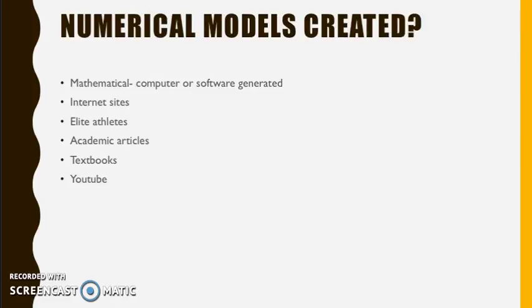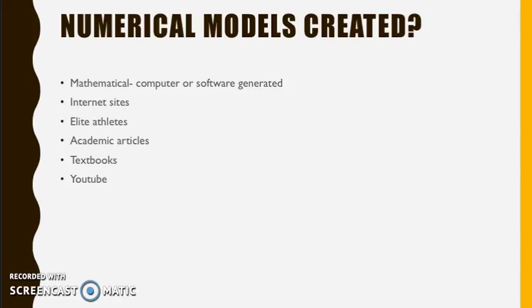The numerical model is created through numbers, but should be produced upon information found on the internet. For example, online journals written by biomechanists who have analysed the techniques of those who compete in basketball, and techniques used by elite athletes, because they're obviously good at what they do, and therefore the basketballer is able to learn from what the elite performer has done on how to improve their performance.